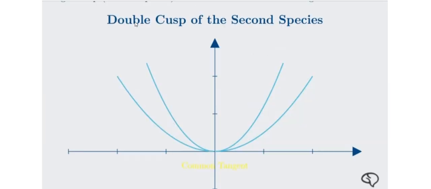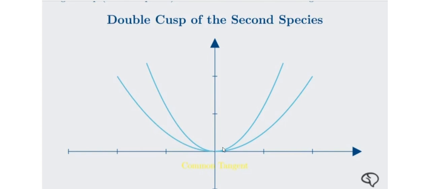Then, as I told you, double cusp of the second species. When you have a single cusp of the second species, all the branches of the cusp are on the same side of the tangent. But here the branches of the cusp lie on opposite sides of the normal, but only one side of the tangent.